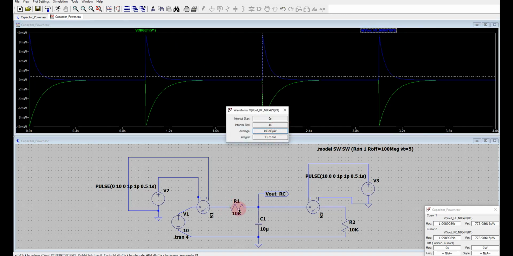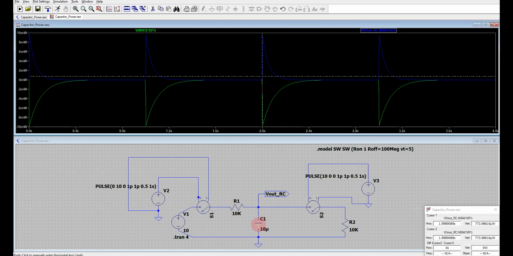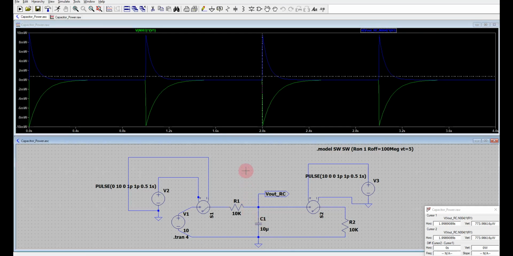So half the power is available here. Now if I plot the power of the capacitor again out here. Sir, how is it 493? It is 497.5. It will be almost half, right? It is nearly half.